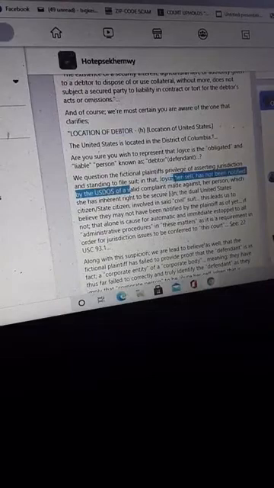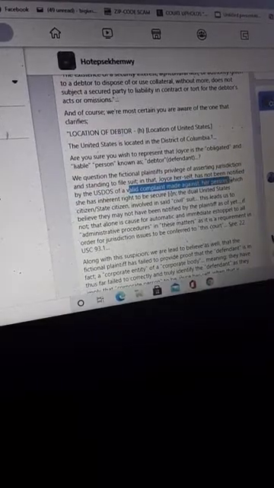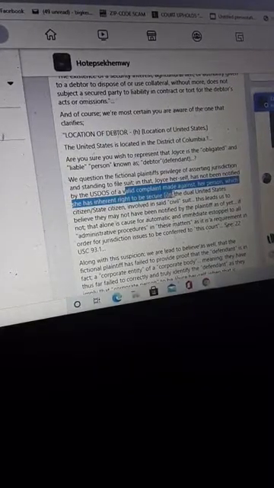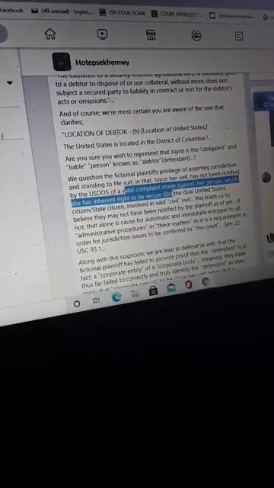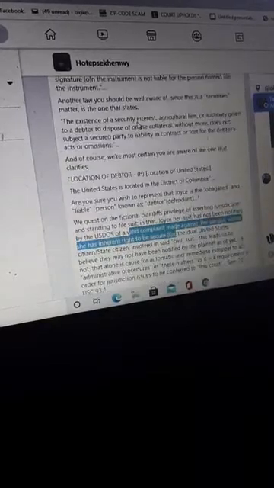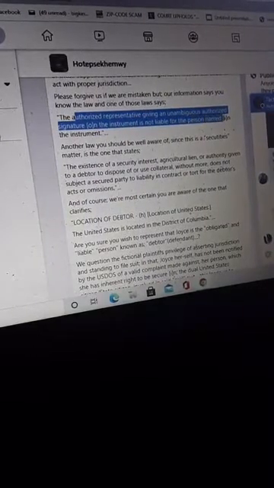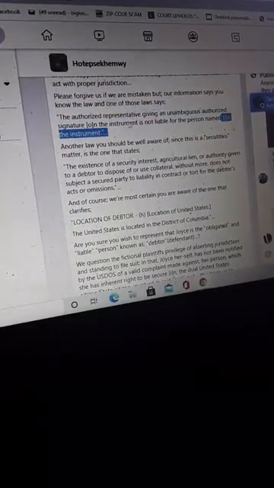Of a valid complaint made against her person, which she has an inherent right to be secure in. And this is relative to that document where she's signing an authorized signature. And she's not liable for the person named in the instrument.